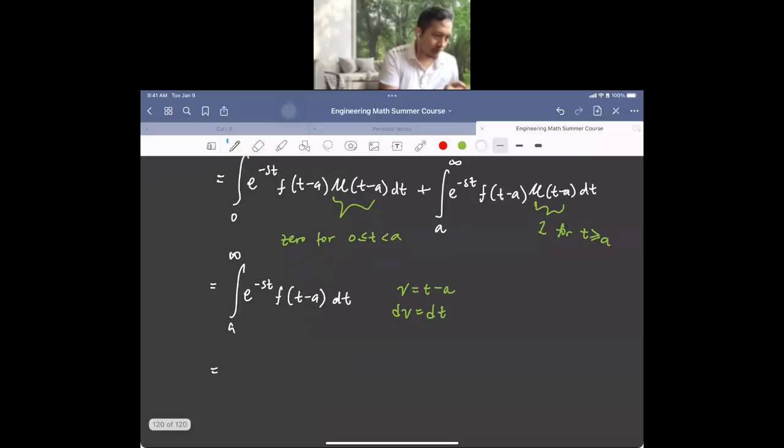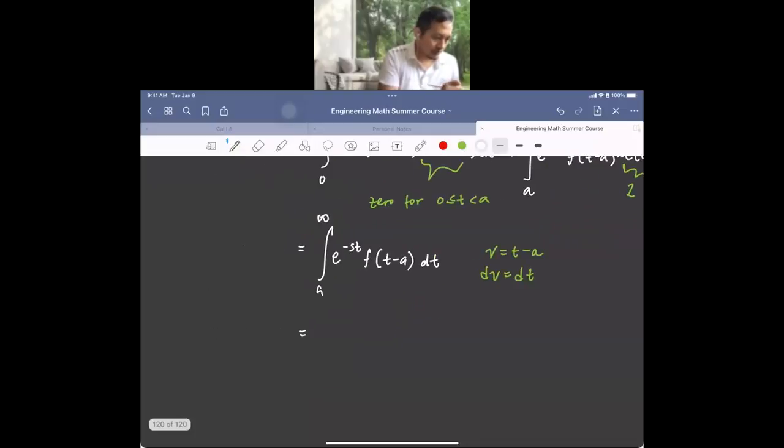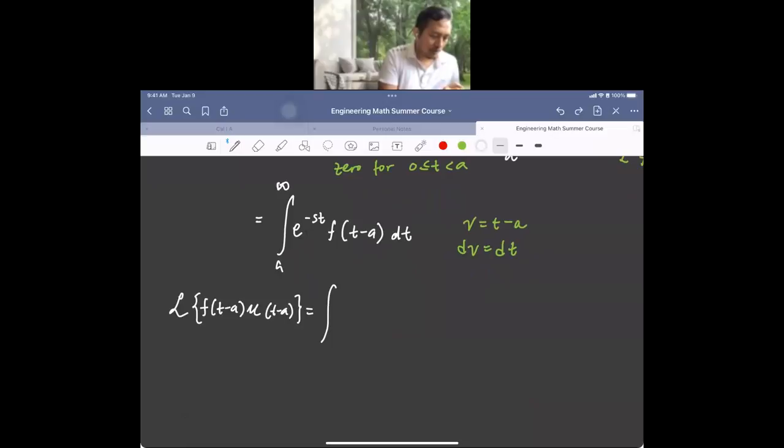So the Laplace of f(t minus a) Heaviside(t minus a) will be equal to the integral where a becomes 0 because we substitute with v, and infinity is still infinity, of e to the negative s times (v plus a), and then f(v), and then dv.